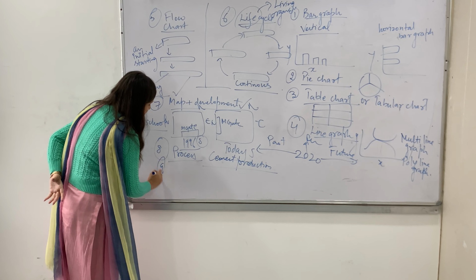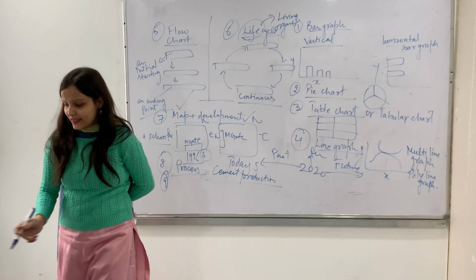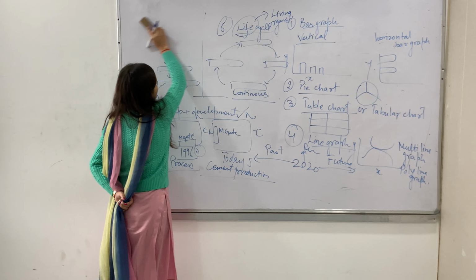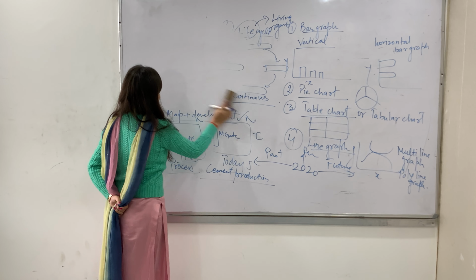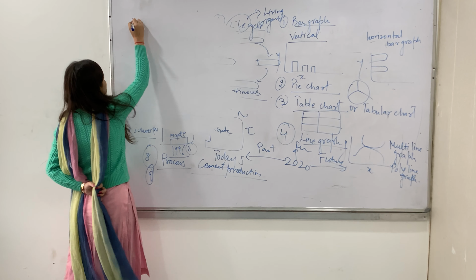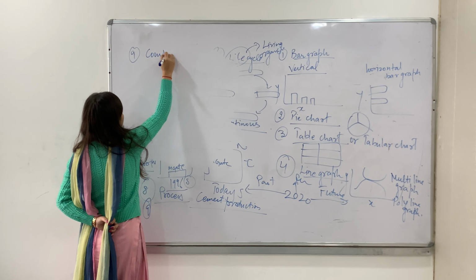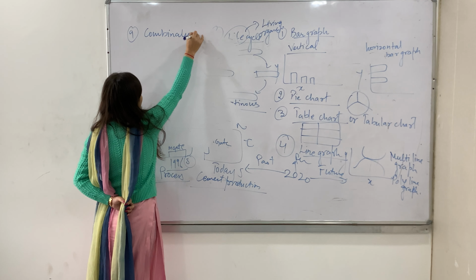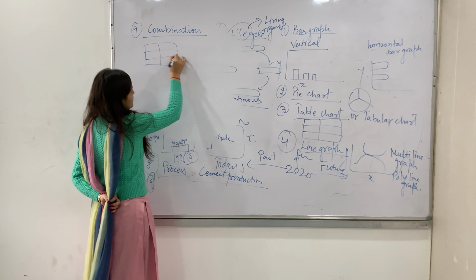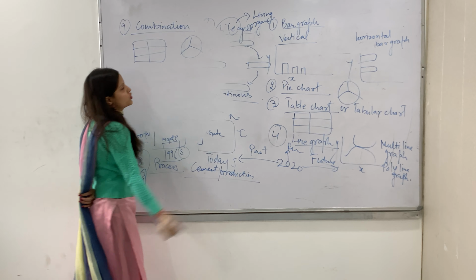The last type is a combination. A combination is mainly a blend and mixture of two types. Let me explain. Ninth type is combination. For example, I am taking a table chart as well as a pie chart.